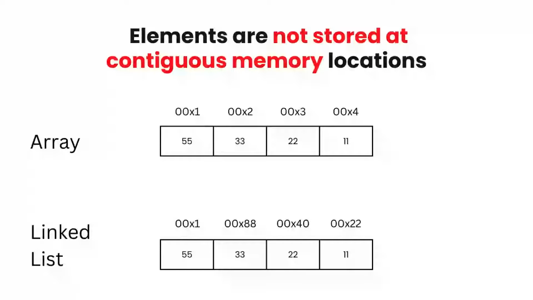The first element's address is 0x1, while the second item in the linked list is at 0x88. This diagram represents how linked lists and arrays work. Although a linked list and an array are doing the same thing, storing some information, the way they work is different. Arrays require continuous memory, but a linked list doesn't. So in this case, a linked list is more efficient than arrays.